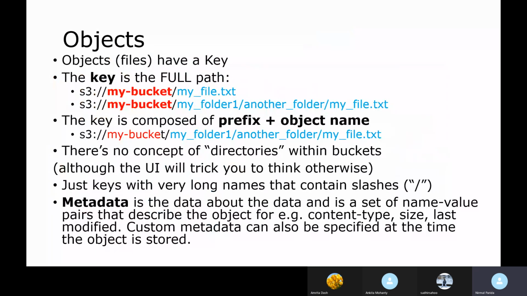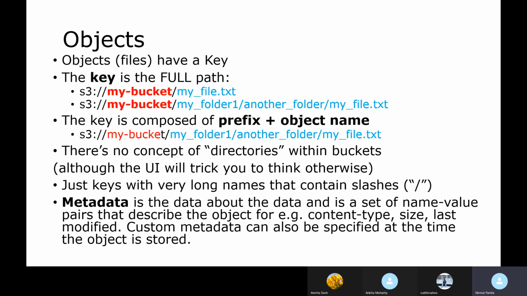Next is objects. So you can say your container is the bucket, and inside the bucket you can upload any amount of data, or size. I will let you know what the maximum size is and what the minimum size is. Any amount of data you upload inside the bucket, that data you can say is an object.